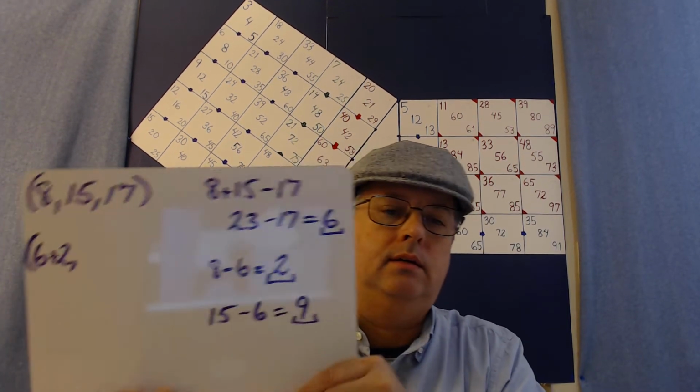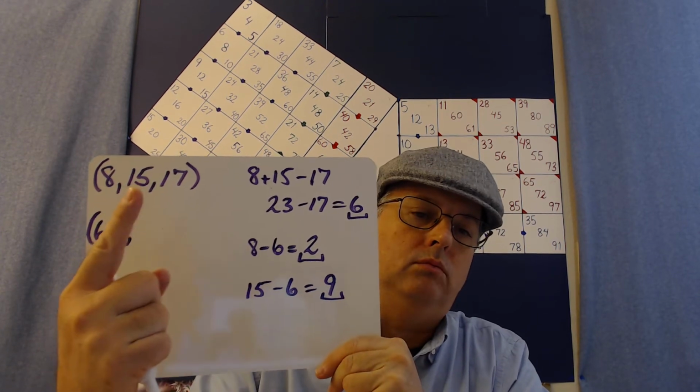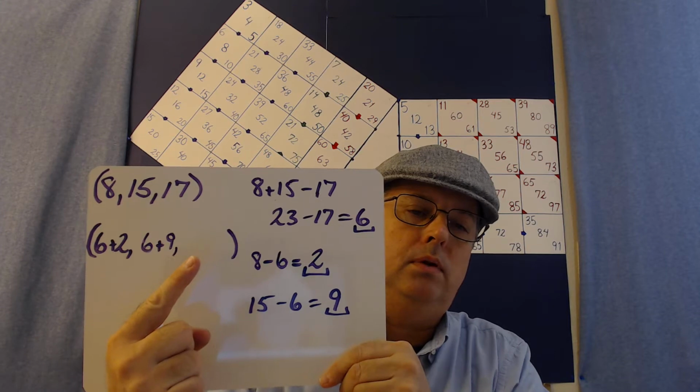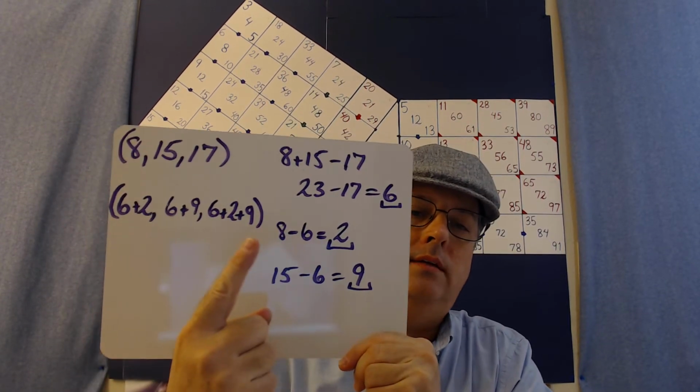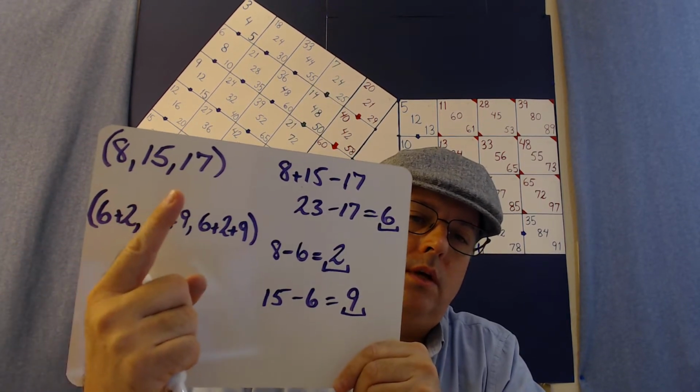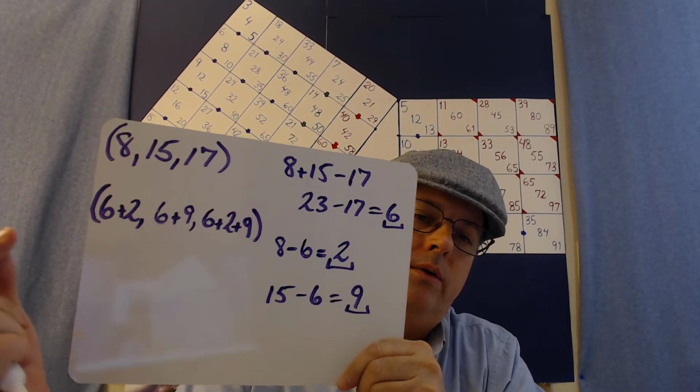If we take the 6 plus 9, we get the 15. And if we take the 6 plus the 2 plus the 9, that's 8 and 9, that's 17. So Pythagorean triples can be written in this manner.